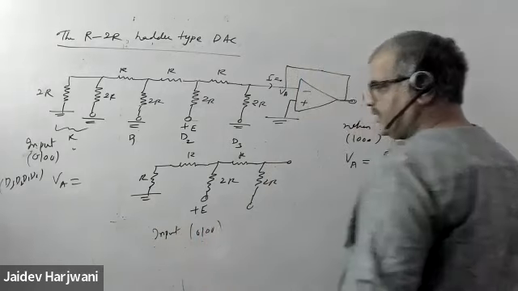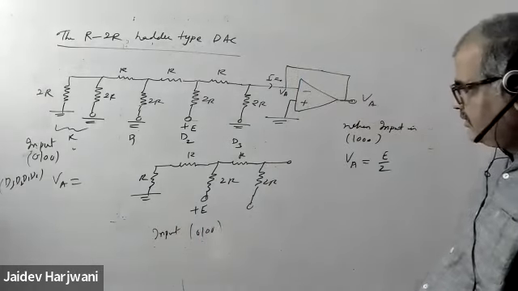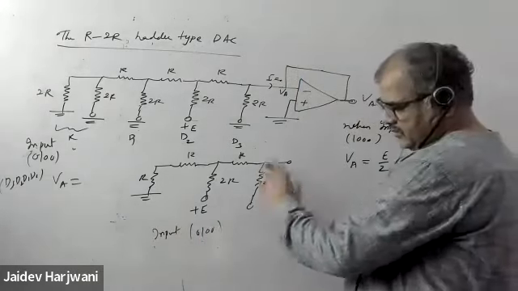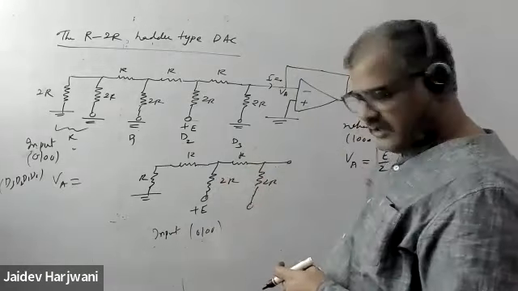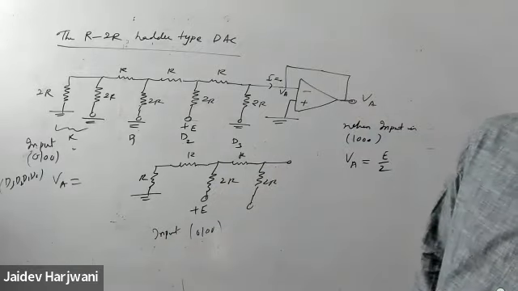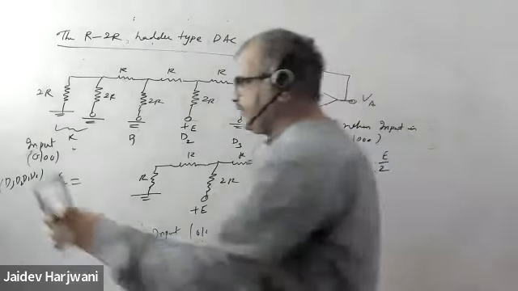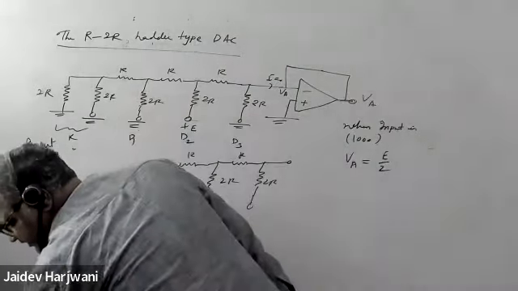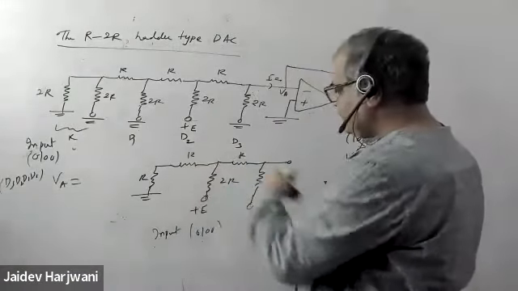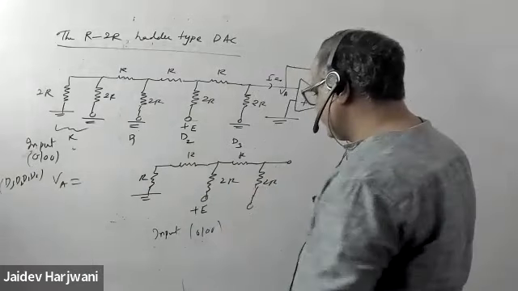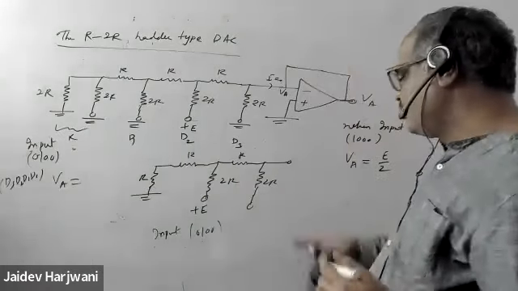Now you want to calculate what is the voltage here. You have learned enough network analysis, so you can solve this one using the superposition principle, or we learned so many theorems.